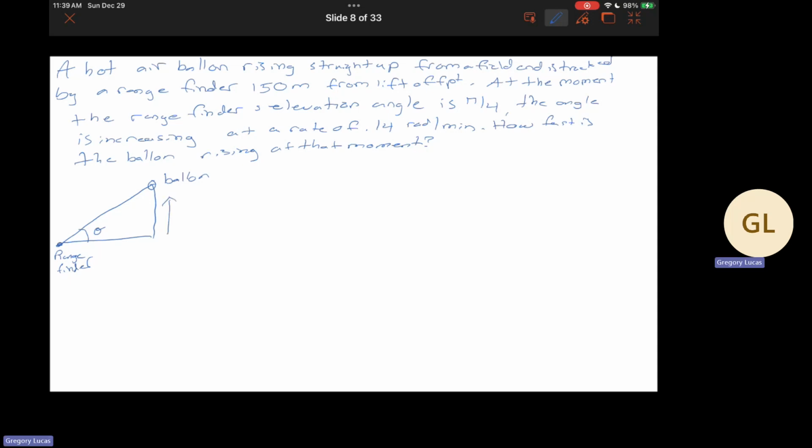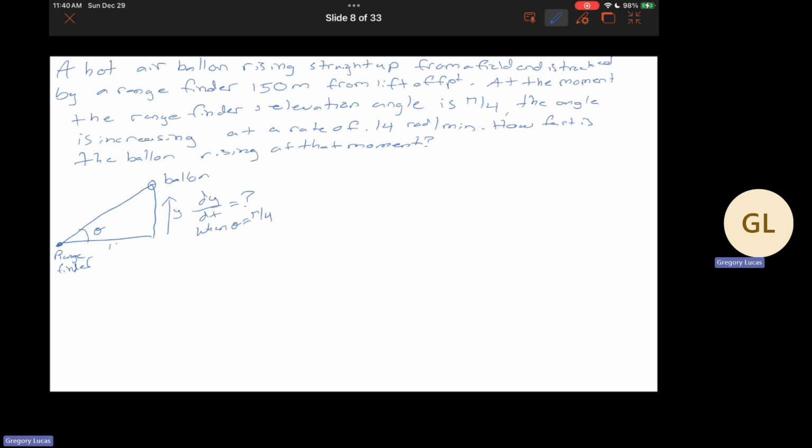We'll call this y. So we want to know dy dt. We don't know dy dt. We want to know how fast it's rising at that moment, when theta equals pi over 4. So we want to know how fast it's rising when theta is pi over 4.